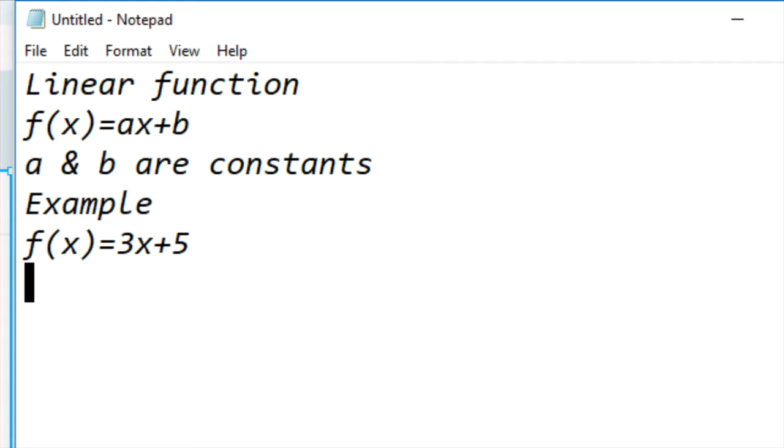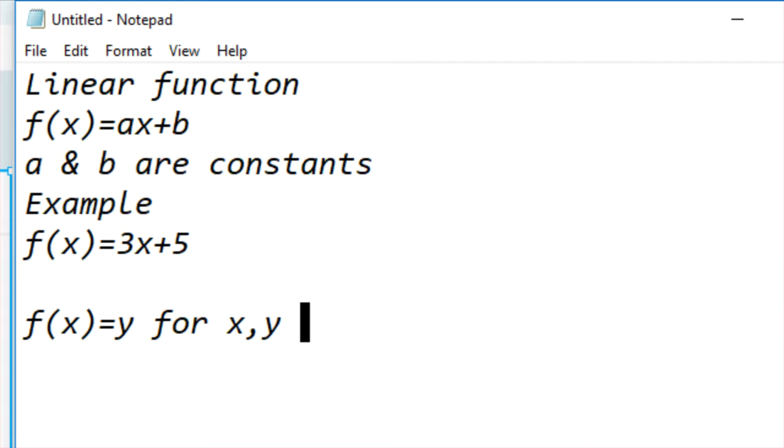In the Cartesian coordinate system, we represent f of x as y for the xy plane, the xy coordinate system.